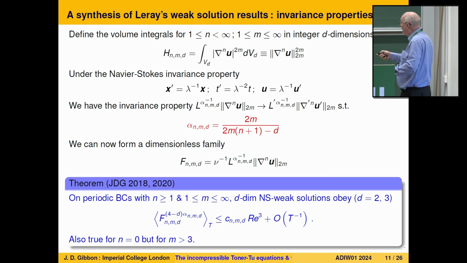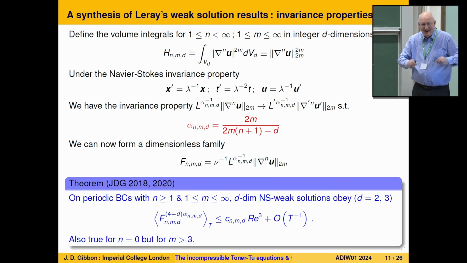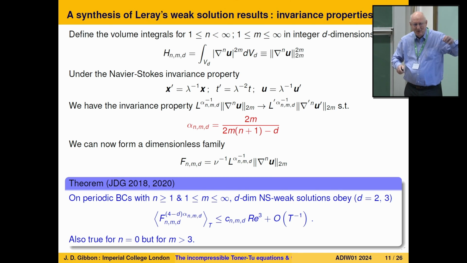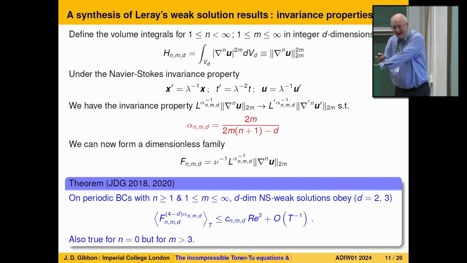Okay. And therefore, from this, you can construct a dimensionless family here, like that. And the alpha is a 1 over alpha here. And then all those results of the previous slide, which appeared geographically and temporally in different places, you can roll them all together. And I promise you, this is one theorem only.